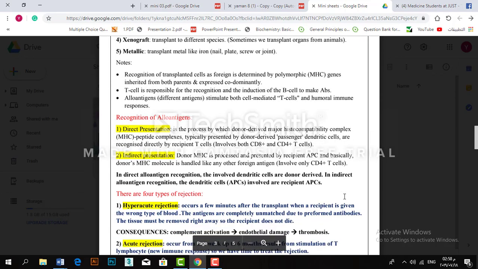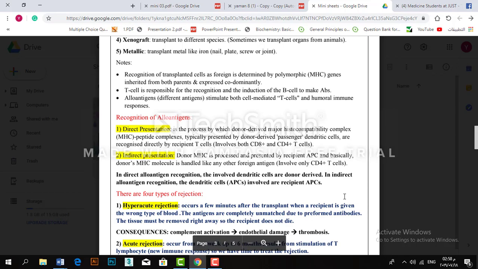Now this note is important. Recognition of transplanted cells as foreign is determined by the MHC complex. This MHC complex is polymorphic, meaning it has multiplicity; we know classes 1 and 2. The MHC genes recognize the transplanted cells.